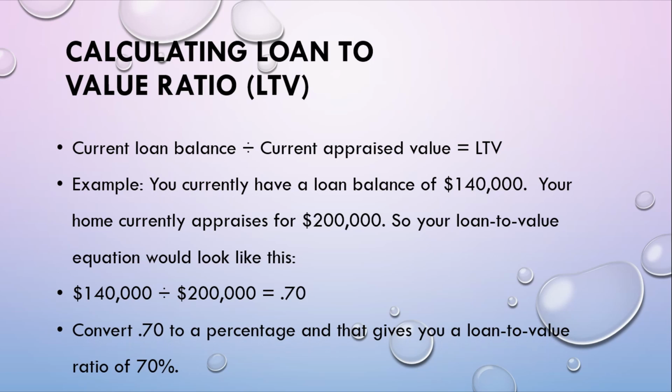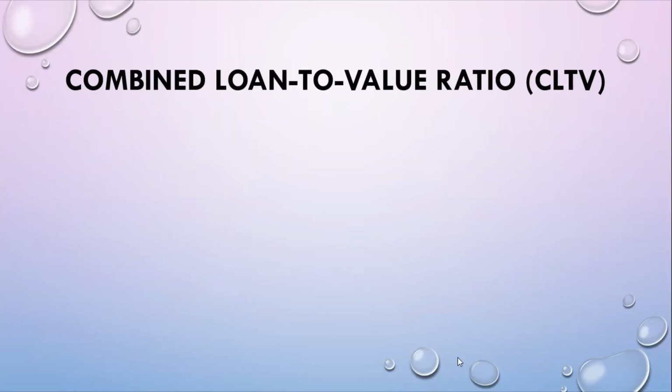Okay, now how do we calculate the combined loan-to-value ratio for more than one loan? Well, for one, if you were considering a home equity line of credit, you would add the amount you want to borrow or the credit limit you want to establish to your current mortgage balance. From here, this would give you your combined loan balance, and your combined loan-to-value formula would look like this.